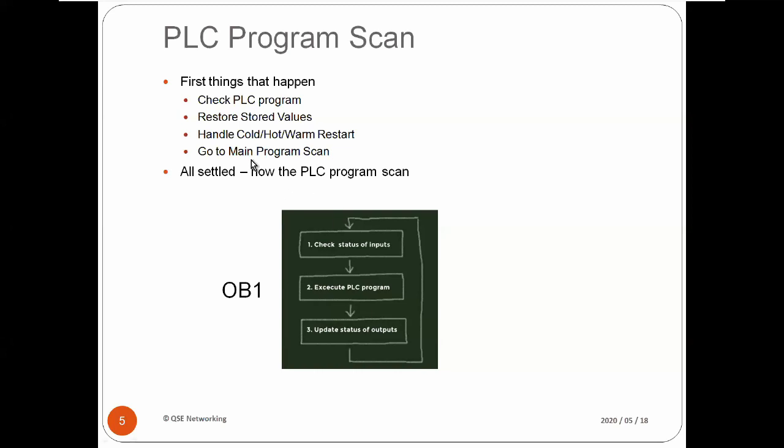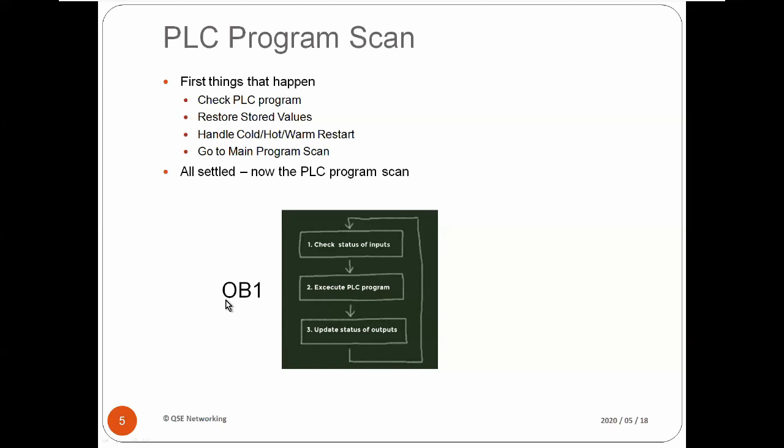Then it will go into the main program scan. Now in Siemens, that's called OB1, whereas in some of the other PLCs it's called main. And then you can have different programs configured. They call them program units or something, but it's the same as our Siemens modules.